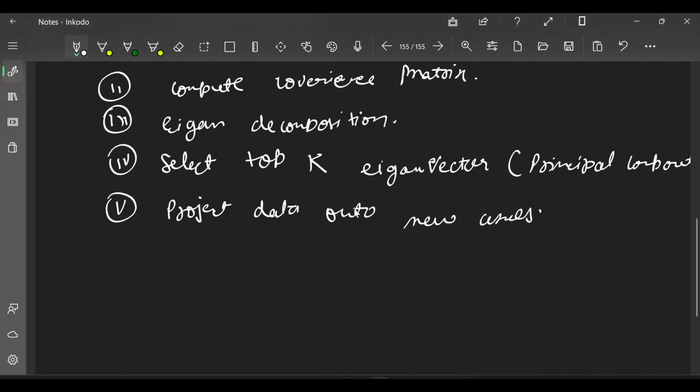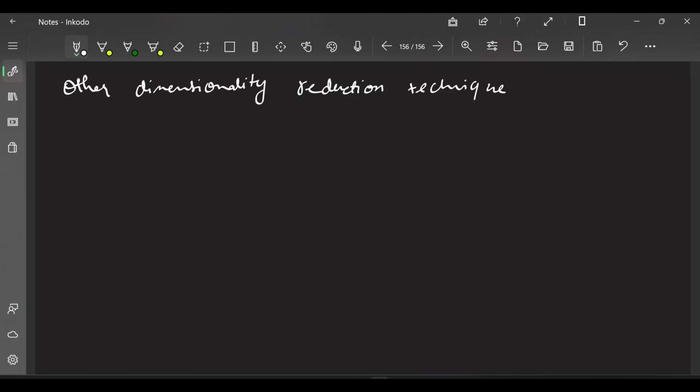So let me open the notepad and go to the next page, and here are the other dimensionality reduction techniques. The first one is linear discriminant analysis, LDA.